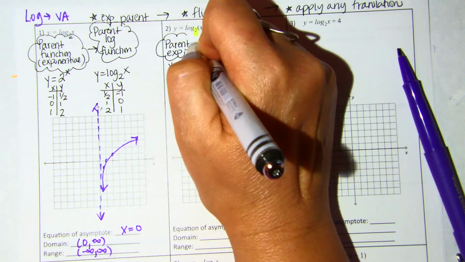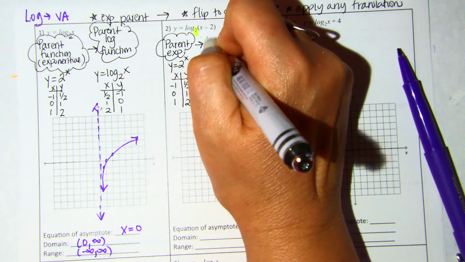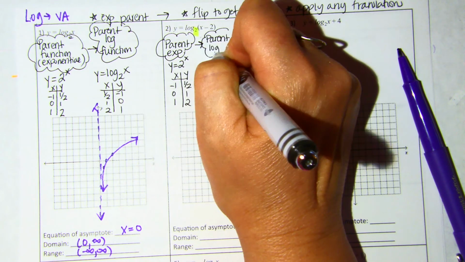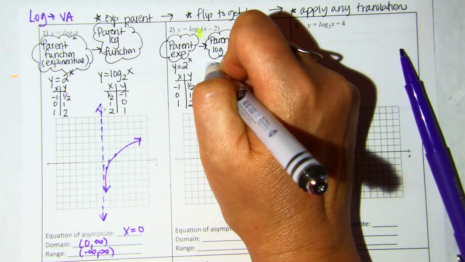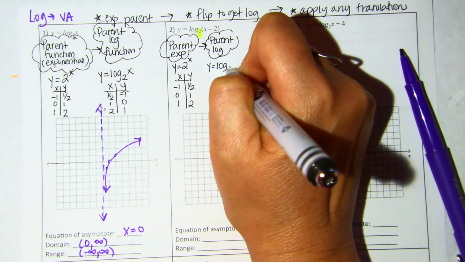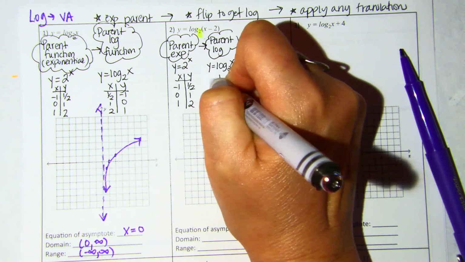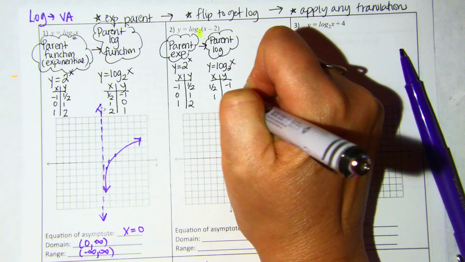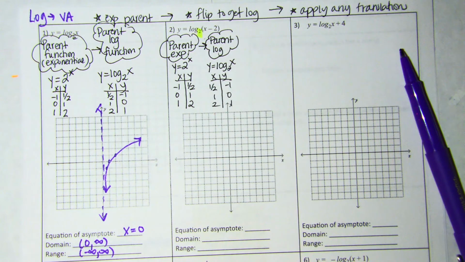Okay. So now we're going to do the parent log function. So I'm going to take these coordinates and I'm going to flip, flip, flip. So 1/2, -1; 1, 0; 2, 1.